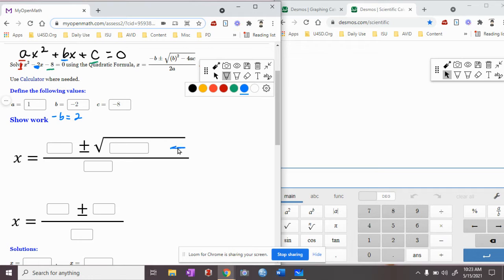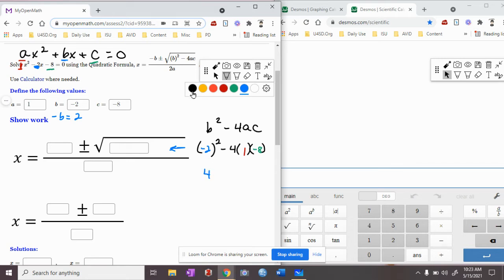In here, this is where I put my b squared minus 4 times a times c. So my b value is -2 squared minus 4 times my a value times my c value. A is 1, c is -8. So -2 squared, -2 times -2 is +4.